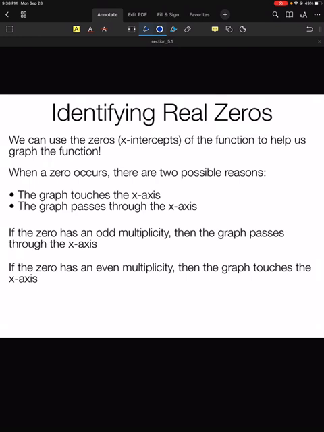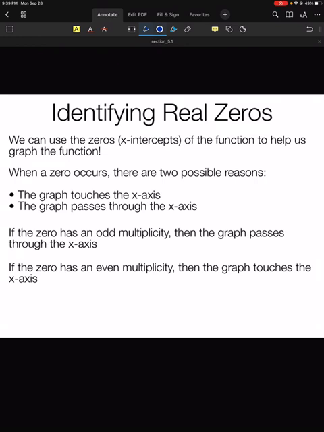In this video, we're going to continue our discussion with section 5.1 that has to do with polynomials, and specifically in this section, we're going to continue to talk about finding, identifying, and using zeros to help us solve our problems. The skill that I want you to build is to graph a function.